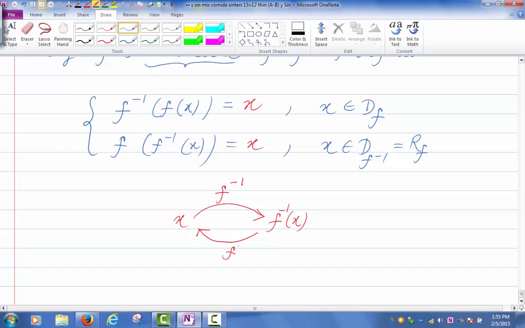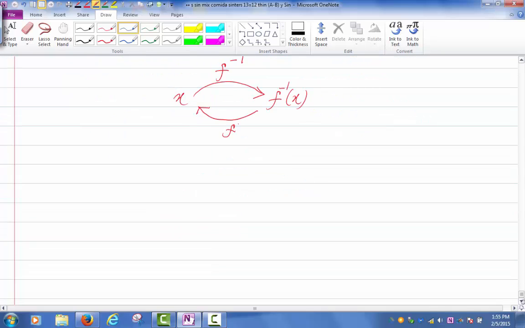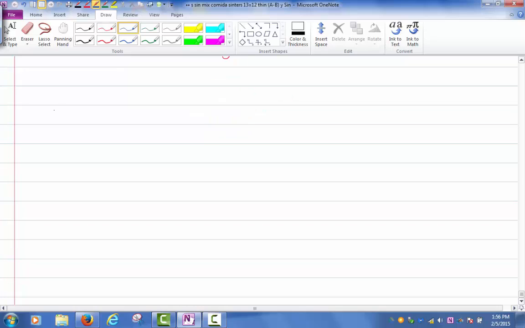Okay? So let's say you have a function f. Let me say it this way. Let f be a function, let f be 1-to-1, so it has an inverse.